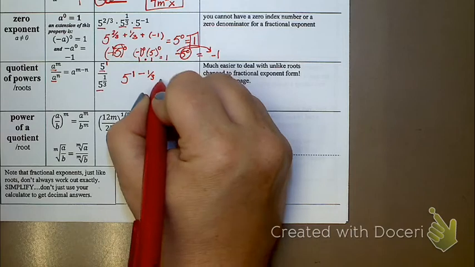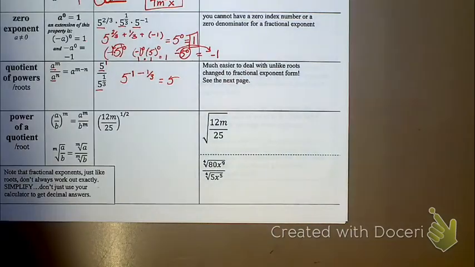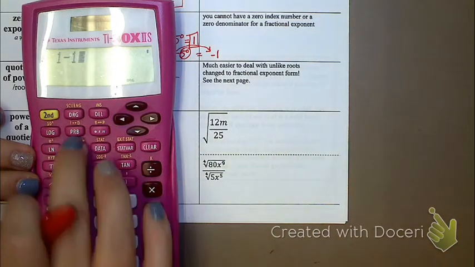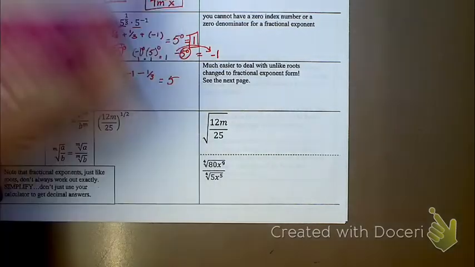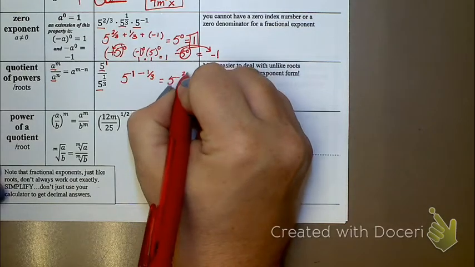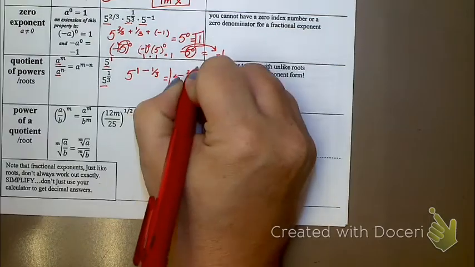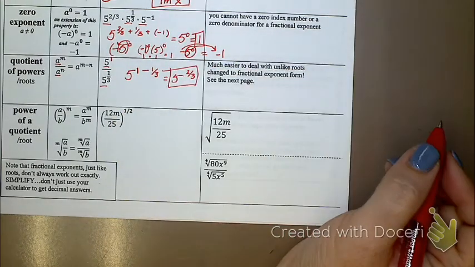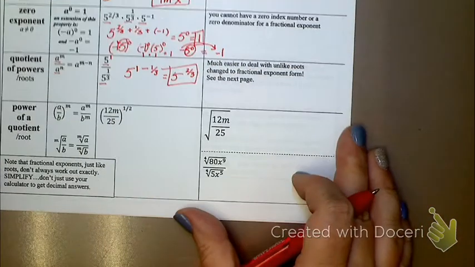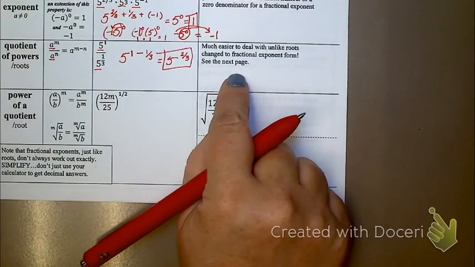Well, 1 minus 1/3 is, you can go to your calculator if you need to, 2/3. So I have 5 to the 2/3 power. Much easier to find with online roots.